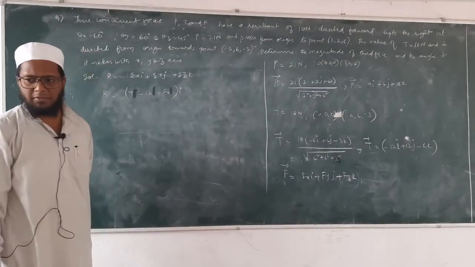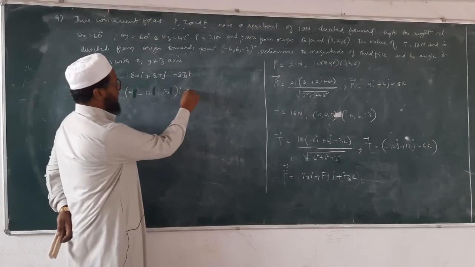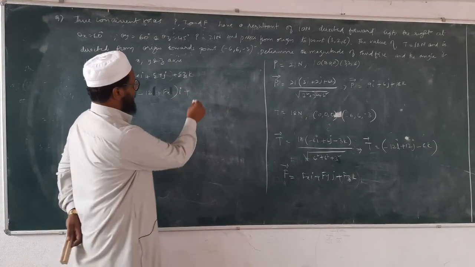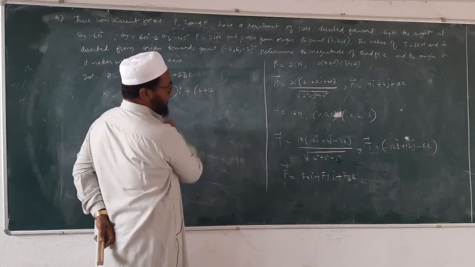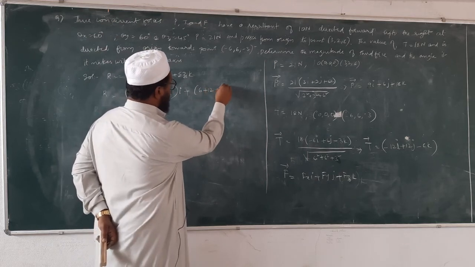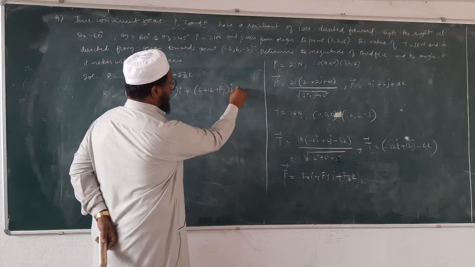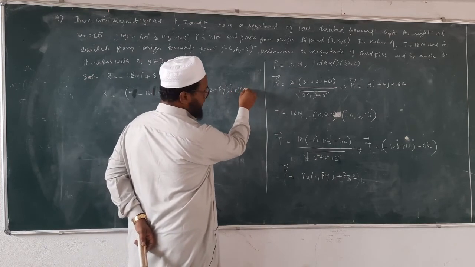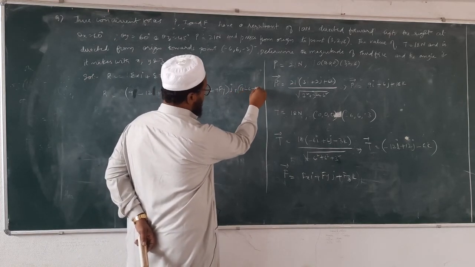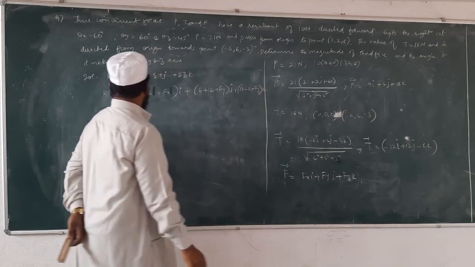Okay, any problem? No problem. Next, sigma y, 6 plus 12 plus Fy j plus 18 minus 6 plus Fz into k.